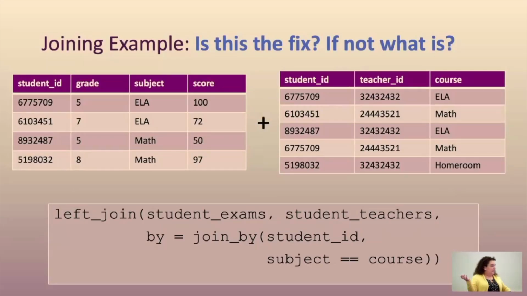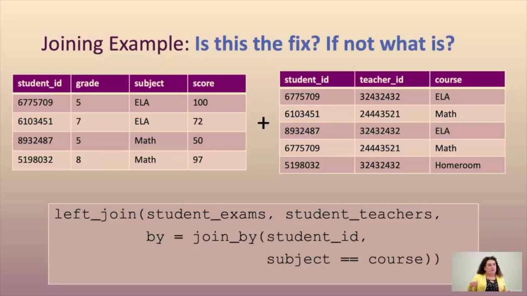So again, in dplyr, the way to do that, using the new-ish join_by function, is with student ID, comma, subject equals course. Now, did we fix everything? We at least fixed that problem, which is great.